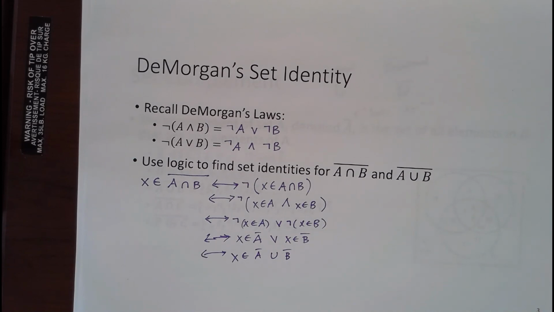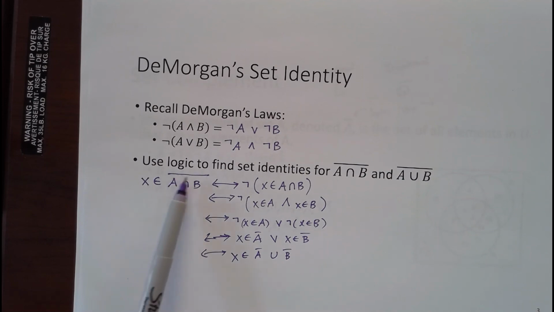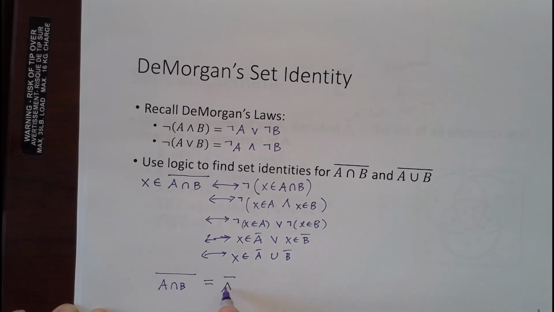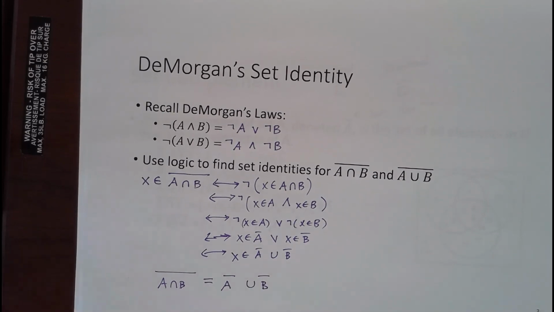And so now what I see is if X is in the complement of A intersect B, that's exactly the same thing as saying that X is in the union of the complement of A and the complement of B. So this is exactly the same as this.